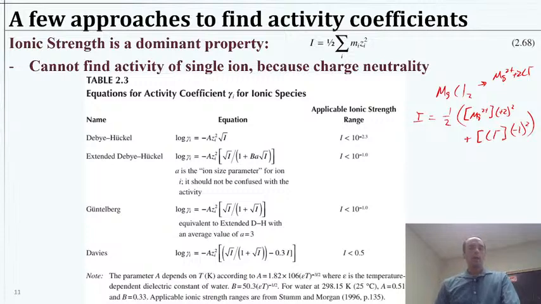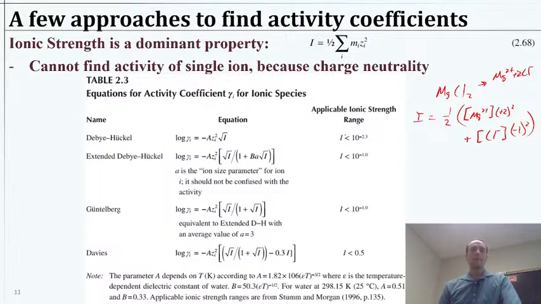So if we need to do that, we can take a look. The Debye-Huckel equation is log of the activity of some species is equal to -A times that species charge squared times the square root of the ionic strength. And A depends on temperature, but typically under standard conditions, A is this guy. And we can find all the other notes about parameters within these equations.